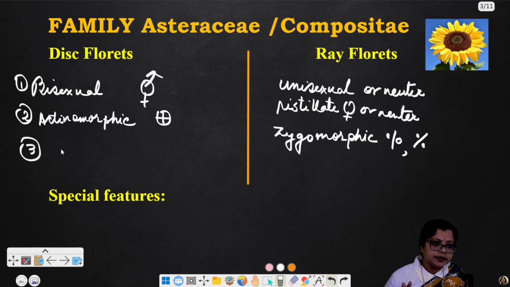Here the ligule is not present. Ligule, no ligule formation.